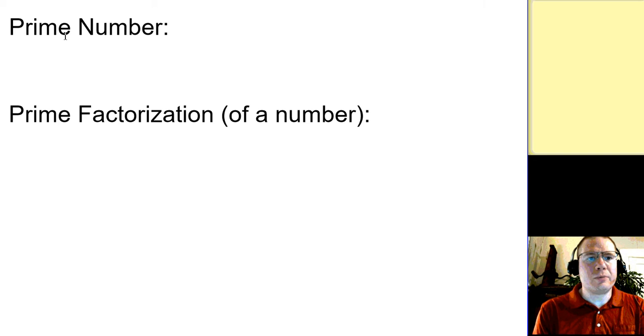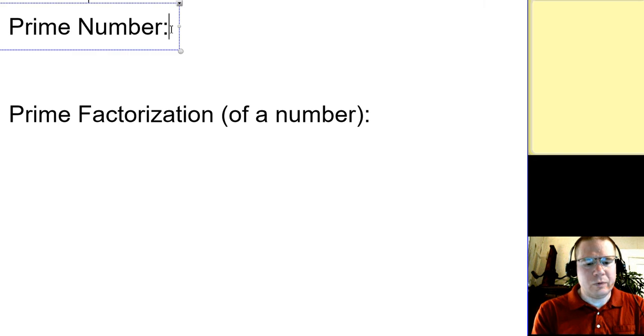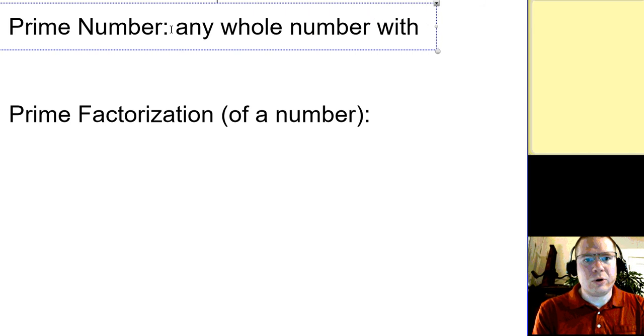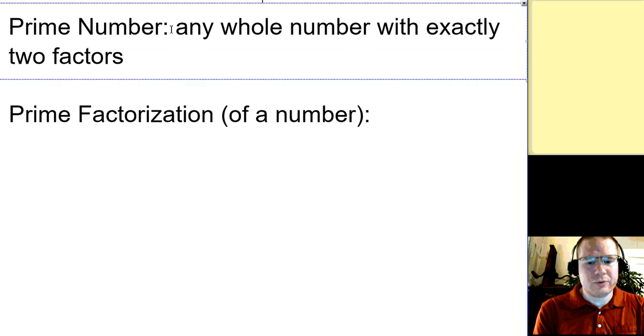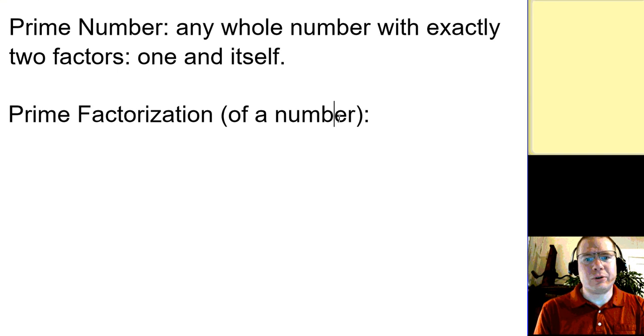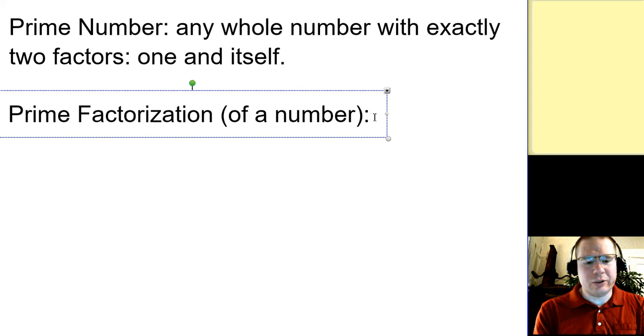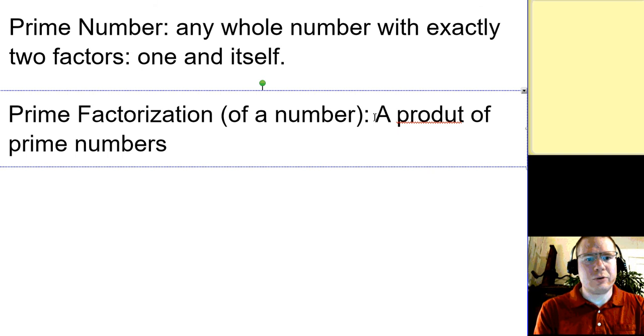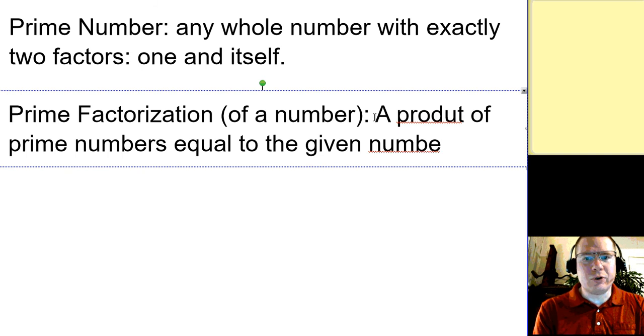So a prime number is any whole number with exactly two factors: one and itself. The prime factorization of a number is a product of prime numbers equal to the given number.